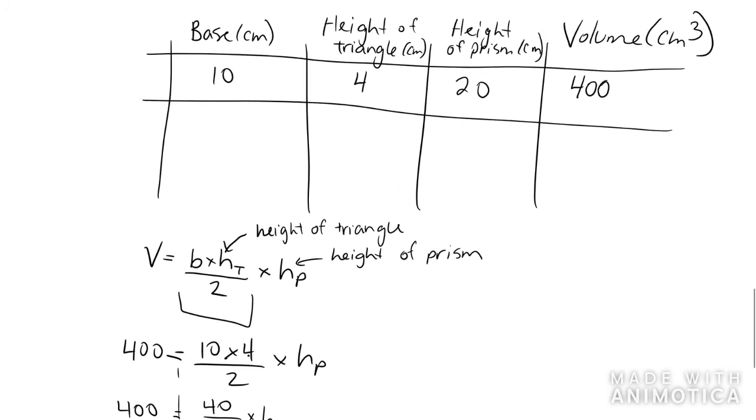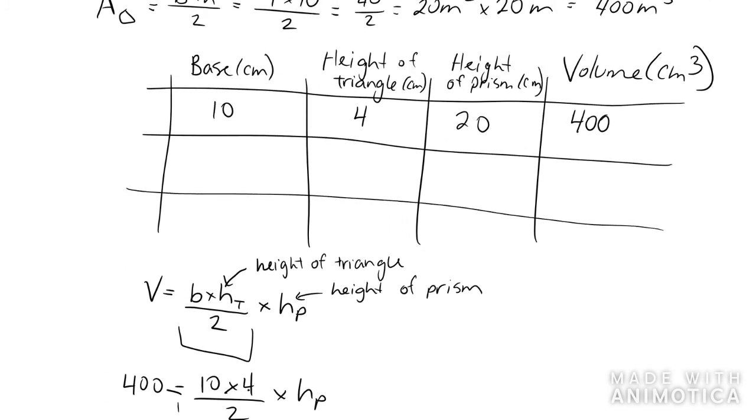If you're given the height of it, and you're given the base, but you're not given the height of the triangle, that proves a little more difficult. So let's say this is 200 centimeters cubed with a base of 20 and a height of the prism of 10.